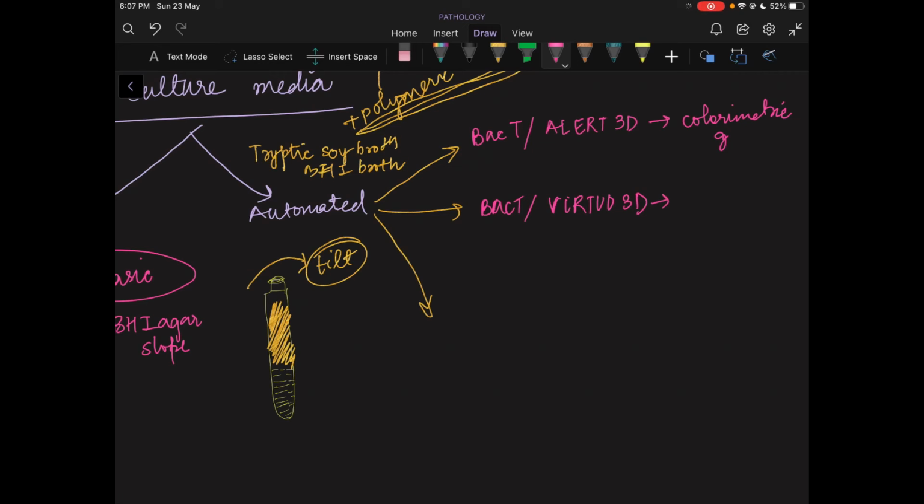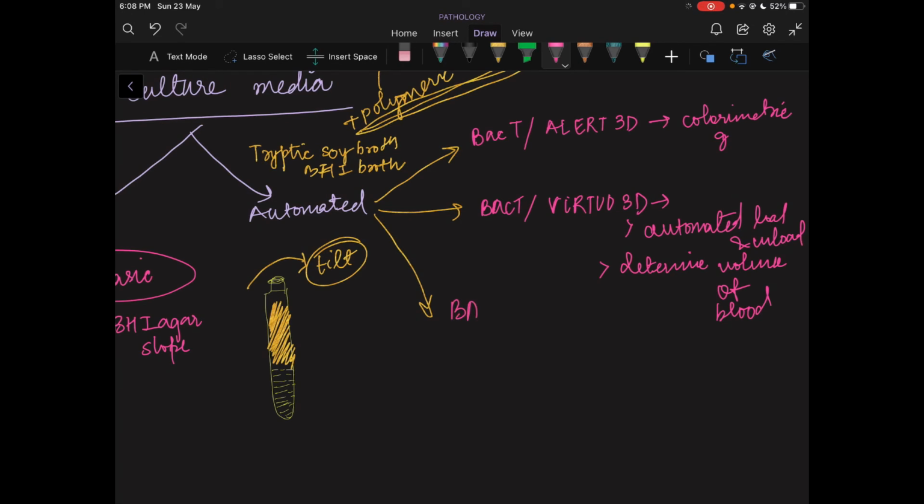What is the principle behind this? It is an advanced form of BACT/ALERT, with automated loading and unloading, and it will also help us to determine the volume of blood that is present in the bottle, right?